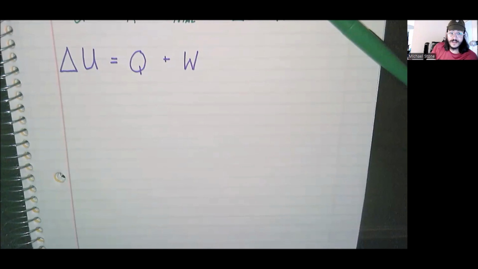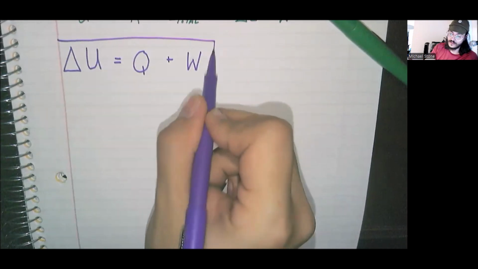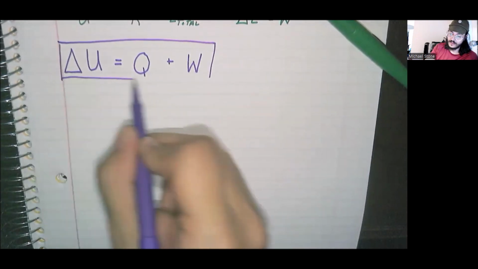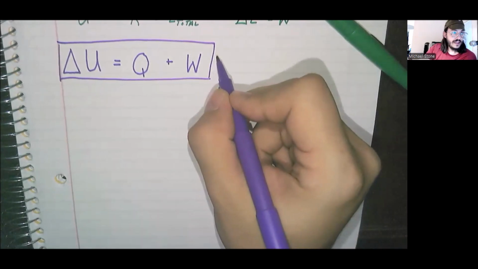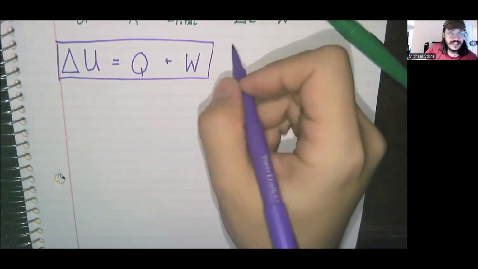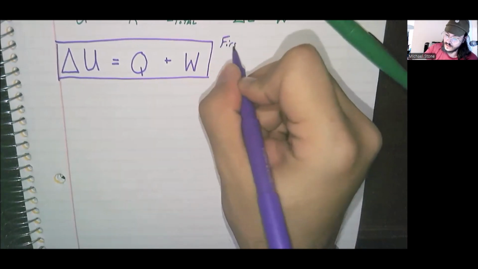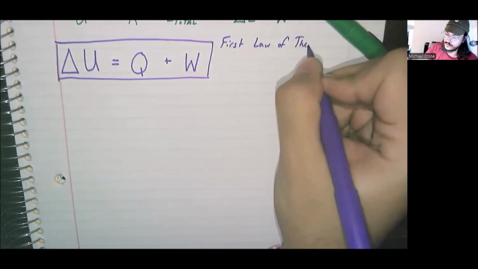And as we already saw, it makes the temperature go up if you squeeze a gas. So that must mean that our delta U would be positive. This statement right here is how we in this class would state the first law of thermodynamics.